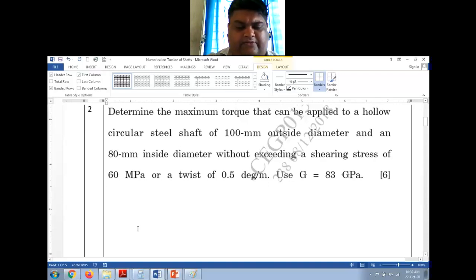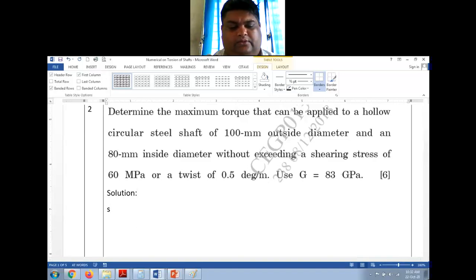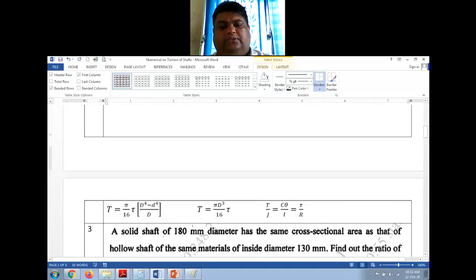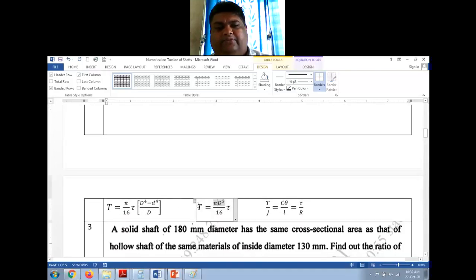So let us start with this solution. Maximum torque based on strength of shaft. Okay, so the maximum torque based on strength of the shaft is given by this.